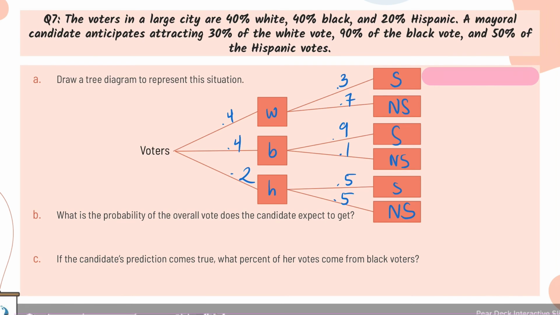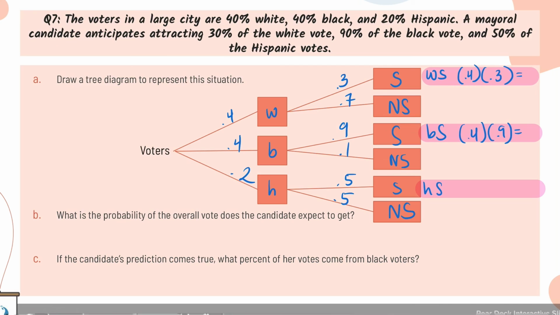So I'm going to first start by highlighting where you can find the support, and then I'm going to calculate those values. So first we have white that's support, which is calculated by doing 0.4 times 0.3, so I'm just gathering that from the branches, and then I have black that's support, which is 0.4 times 0.9, and then we have Hispanic that support, which is 0.2 times 0.5, and then these values 0.12, 0.36, and then 0.1.